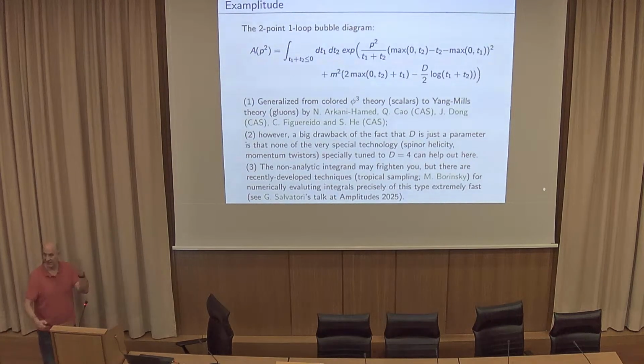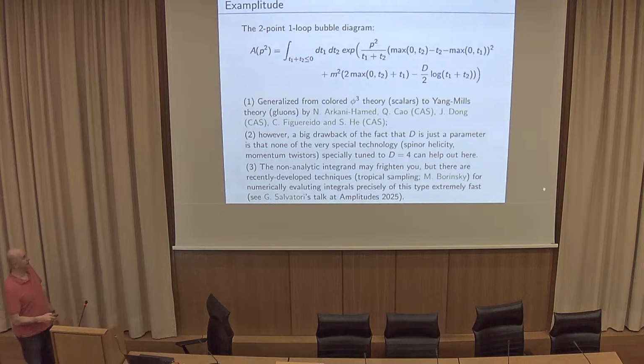Giulio Salvatori can go up to 14 loop order on his laptop doing these integrals numerically. And actually Borinsky himself recently published a paper where he computed certain contributions to the beta function of phi to the 4th theory up to 50 loop order, just as a proof of principle, using these tropical sampling techniques.